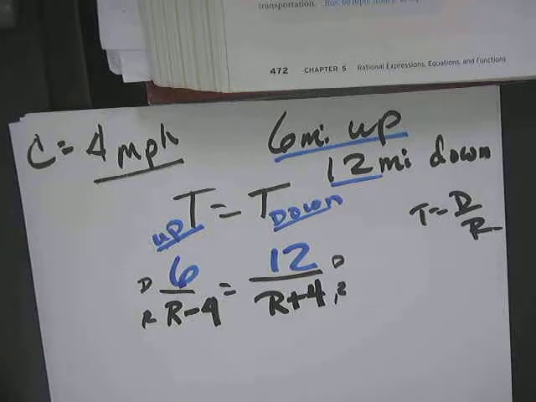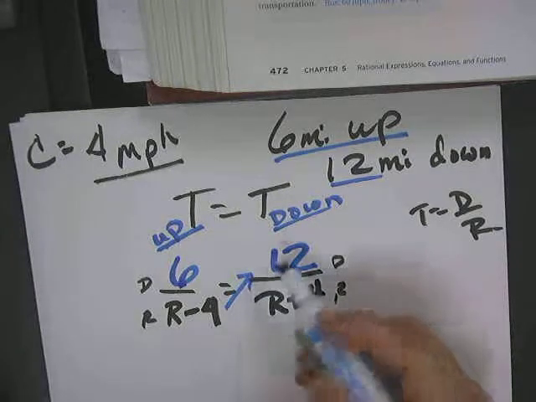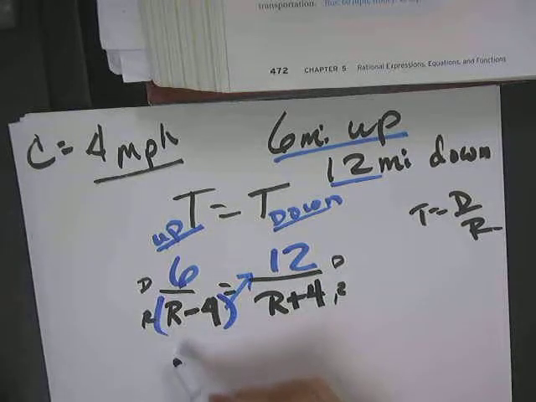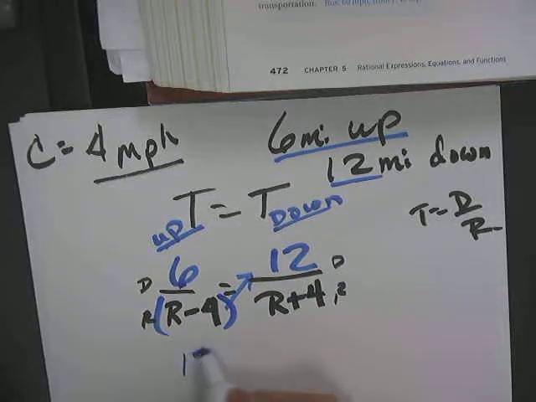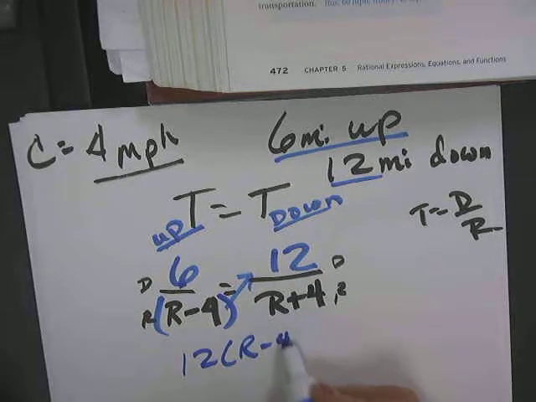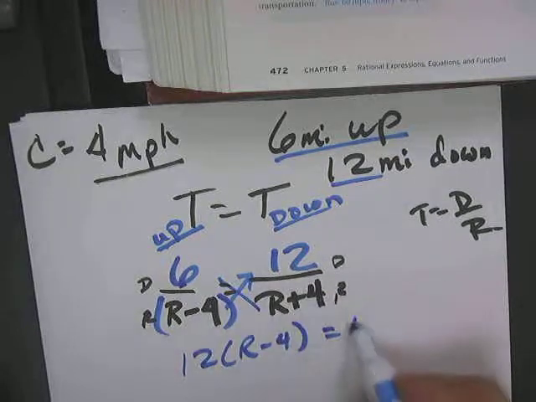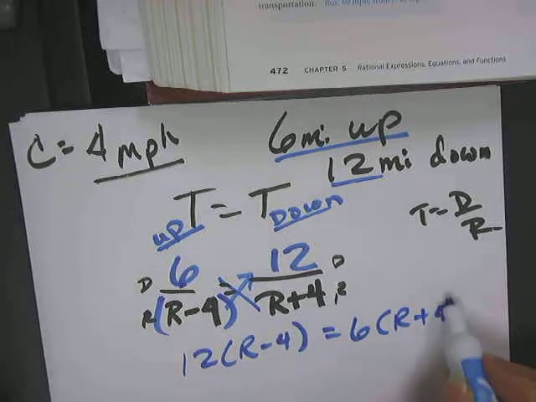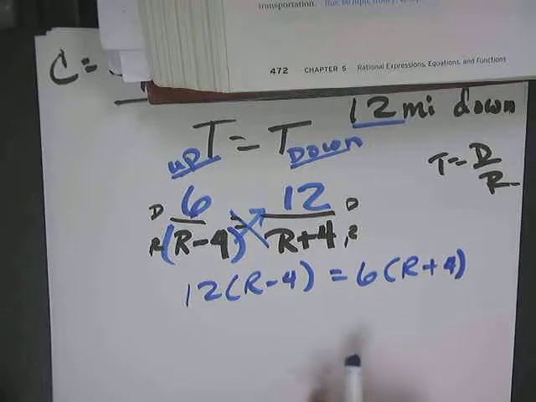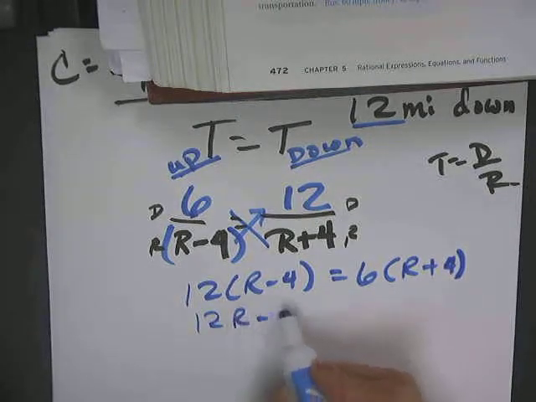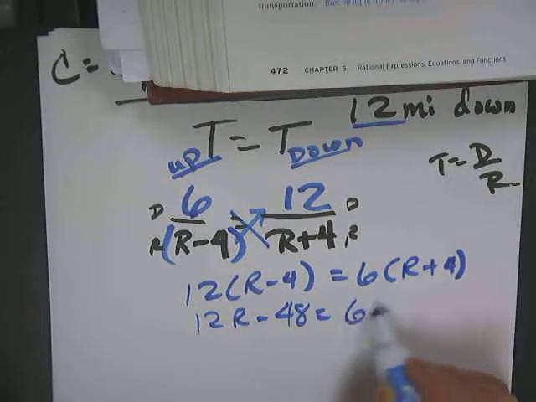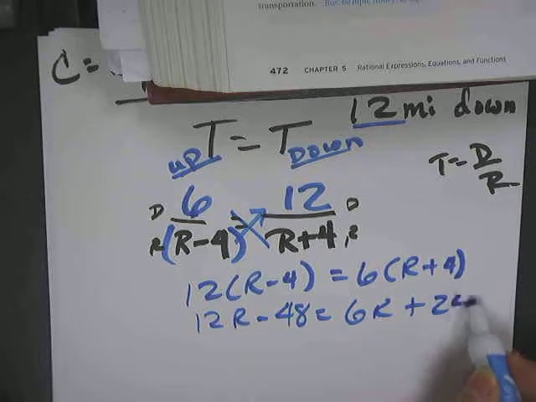The distance downstream was 12 miles. The rate of the boat will be what, going upstream? You're going against the current, aren't you? If you're going upstream, you're fighting the current, so you need to subtract the current. Going downstream, you add the current.